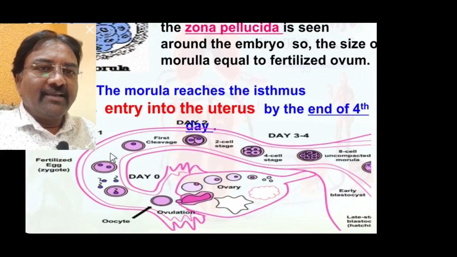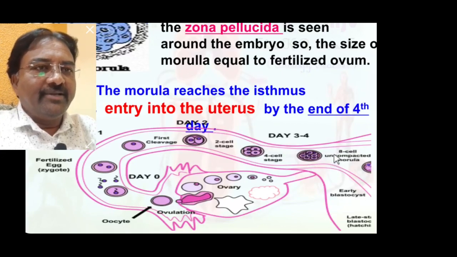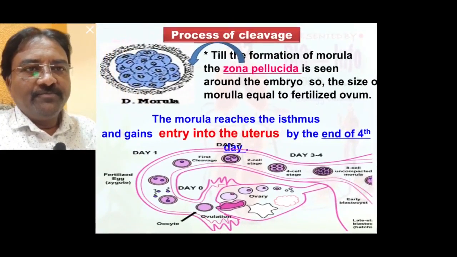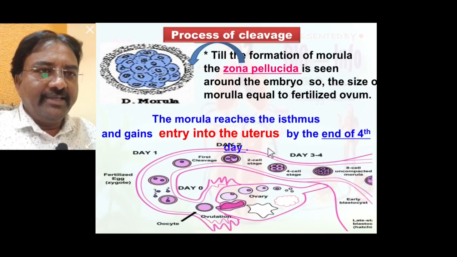Here is a diagrammatic representation of the different stages of cleavage. The morula reaches the isthmus region of the fallopian tube or oviduct and gains entry into the uterus by the end of the 4th day.